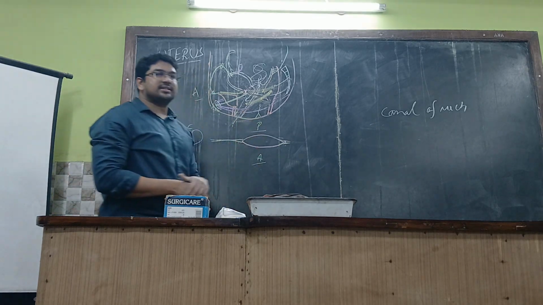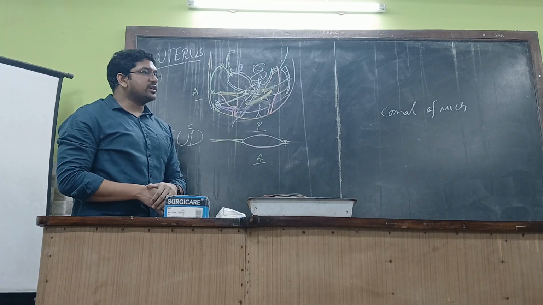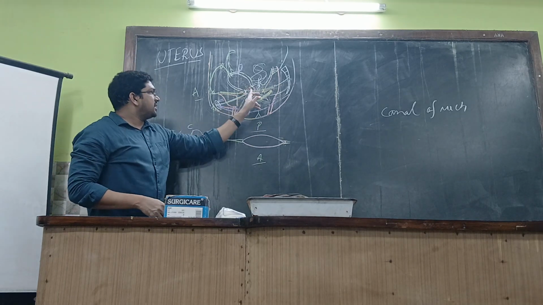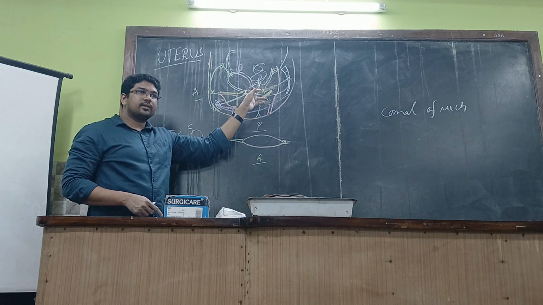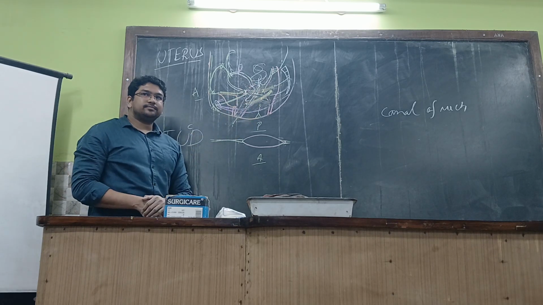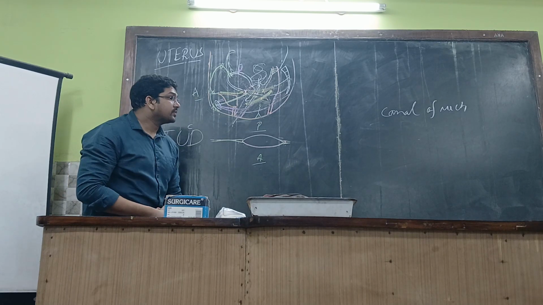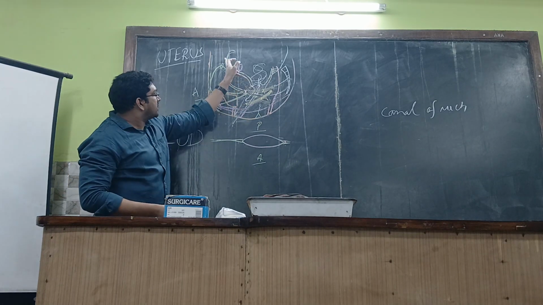So what is the blood supply of the uterus, cervix and vagina? The uterus and cervix will be supplied by the uterine arteries, and the vagina is supplied by the vaginal artery and any other arteries.